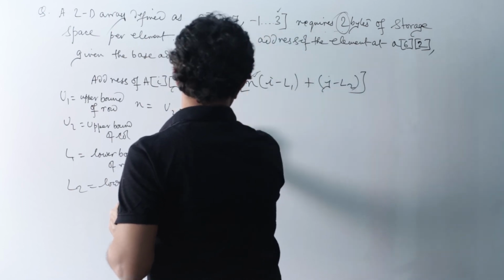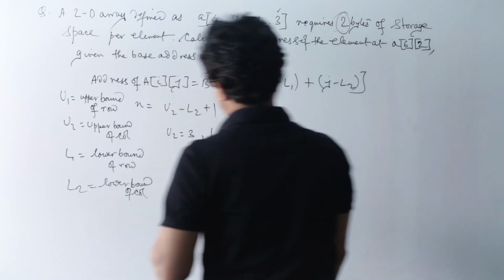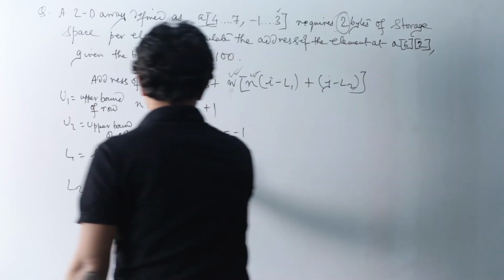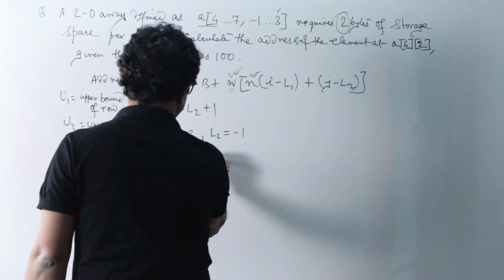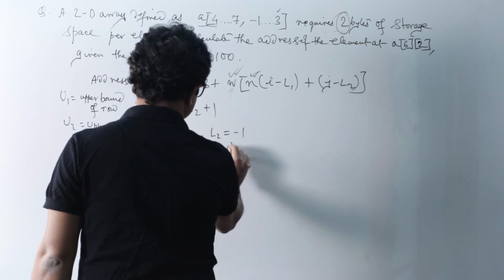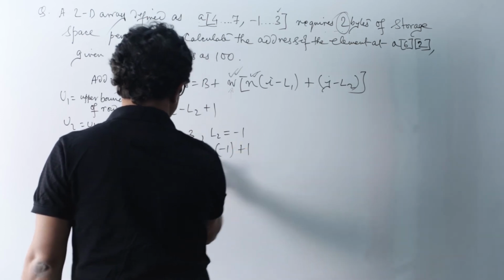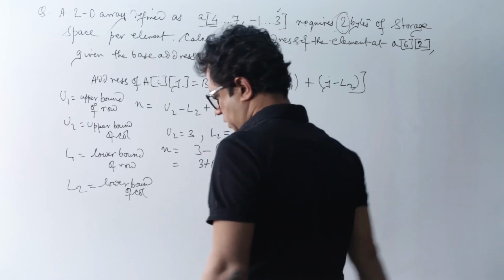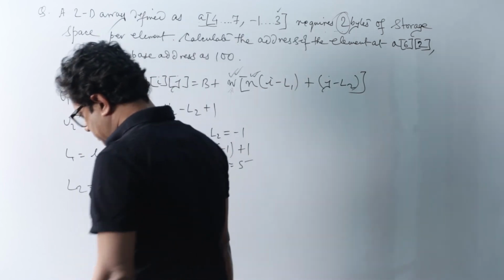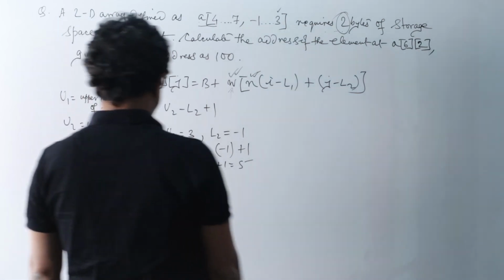So now n will be determined in this manner: u2 minus L2, that is 3 minus (-1) plus 1, that is 3 plus 1 plus 1, which is equal to 5. So n will be 5.